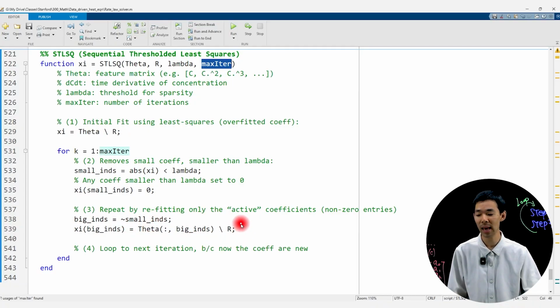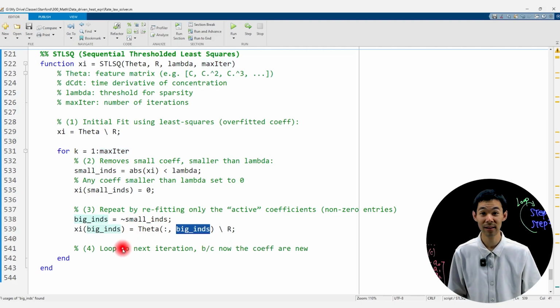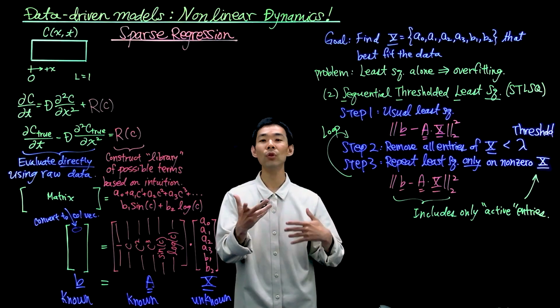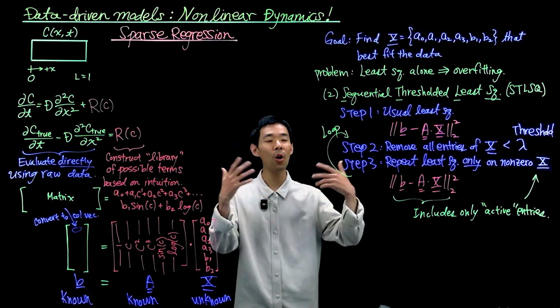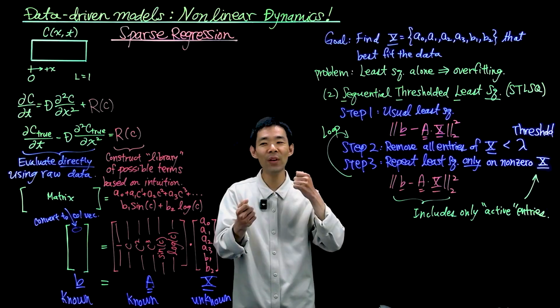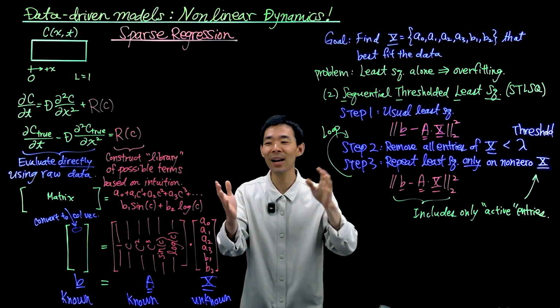So we're still doing Ax equals b, but we're only doing it on the entries where it is active. Okay, so now this ends with a for loop, and then it loops over for the total max iteration cycles. So it's an iterative scheme where you do a bunch of least squares over and over again, and each time you check, are there any coefficients that are dead, that are not active, that I can remove?